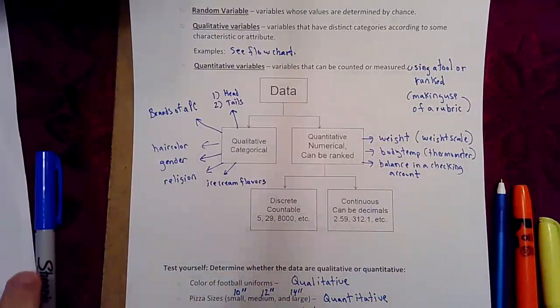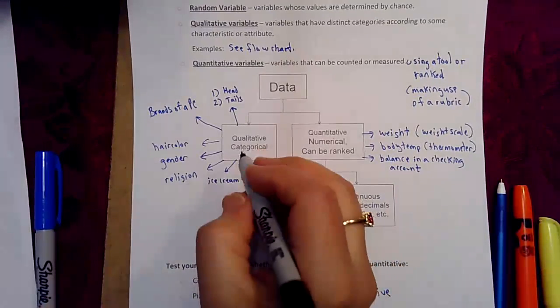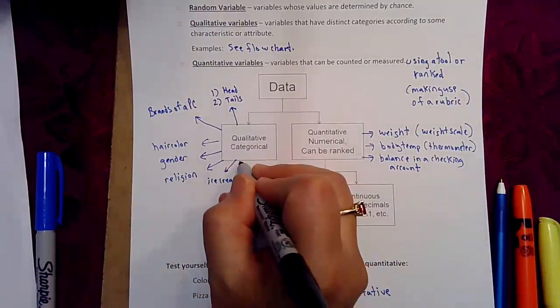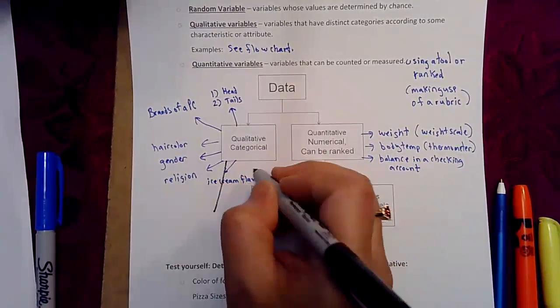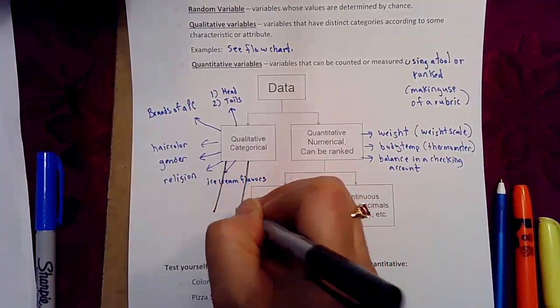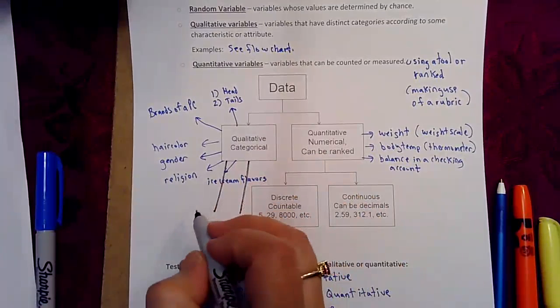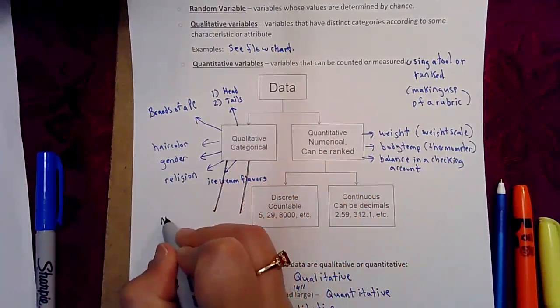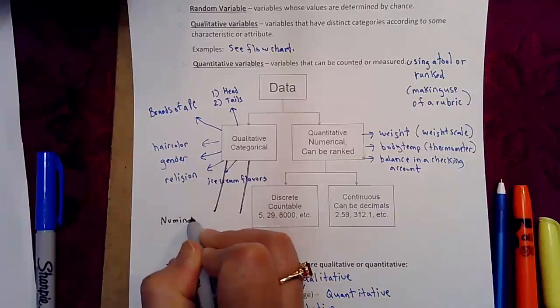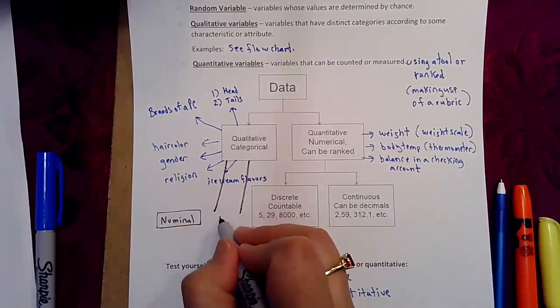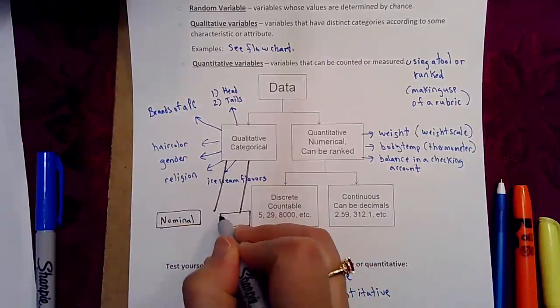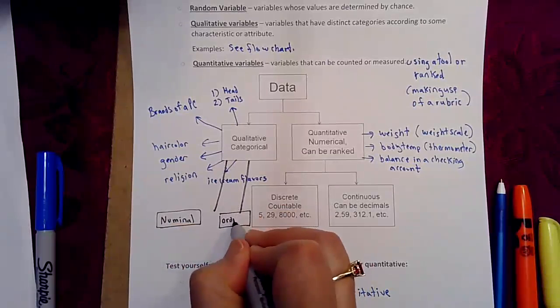Let's see. Under qualitative, I could put, let me draw this. Yeah. So under qualitative, I would have a box for nominal, and then I would have a box for ordinal.